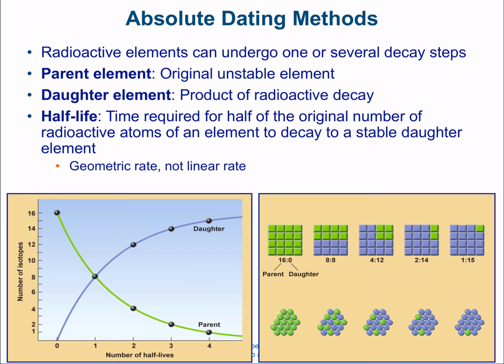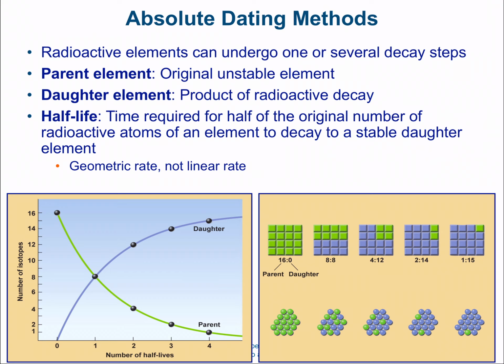So let's look at this diagram on the right. We start off with 16 units of parent, 0 units of daughter. After one half-life, notice we now have 8 units of parent and 8 units of daughter. So we're going down by half.